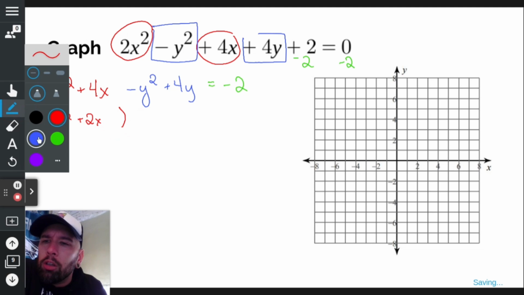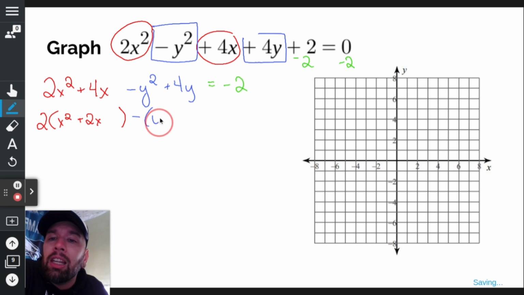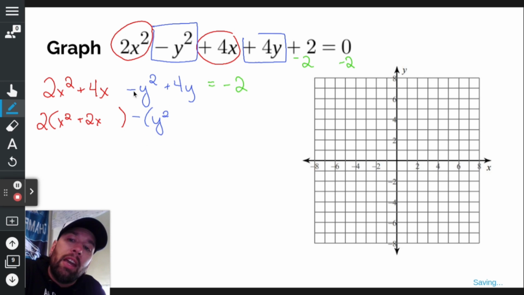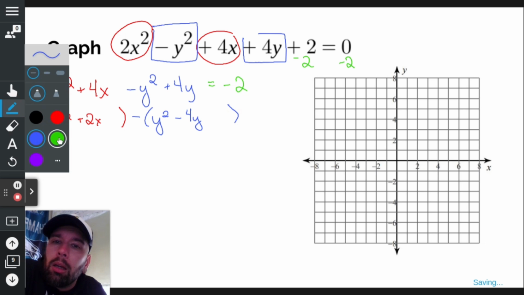Now, with this one, you might be thinking, I can't factor out anything. That's true, but I want to make sure that my first term is positive. So I'm going to factor out a minus sign. That leaves me with y squared. If I factor a minus out of a positive, it leaves a minus behind. Leave some space. You'll see why.